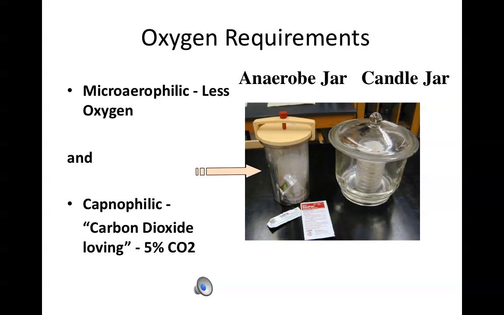With either a gas pack or some other extra kind of device, with an anaerobe jar, we have to completely remove all of the oxygen for the obligate anaerobes to grow. Again, this is a sealed container in a specialized structure for the growth of those obligate anaerobes that need that special oxygen-free environment.